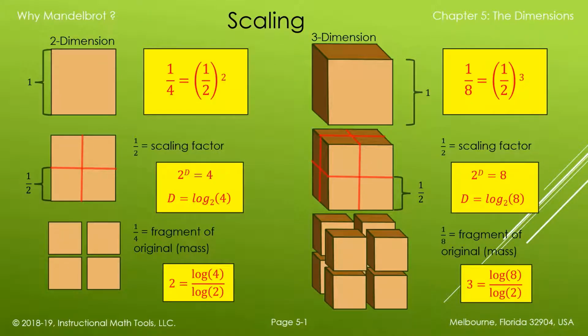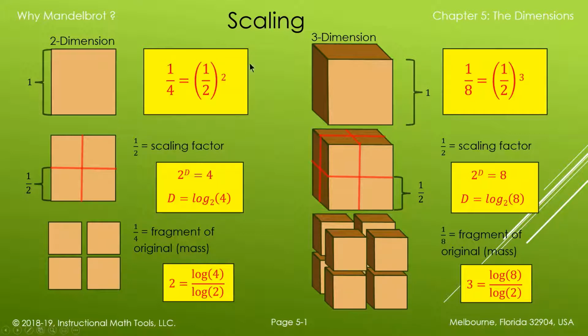Let's talk about scaling just for a little bit here. When you take a square of 2 dimensions and scale it with a scaling factor of 1/2, you basically turn it into 4 fragments or masses of the original. Taking 1/2 actually turns it into 4.